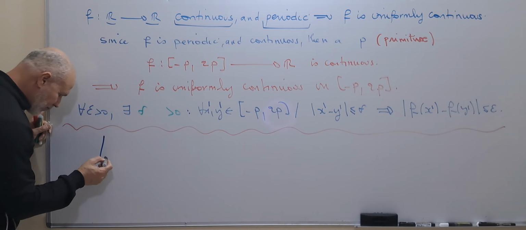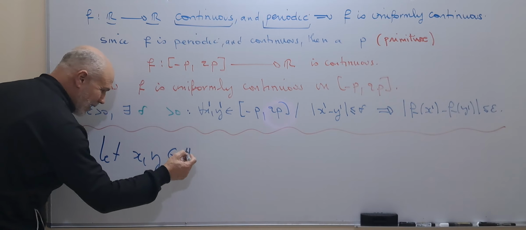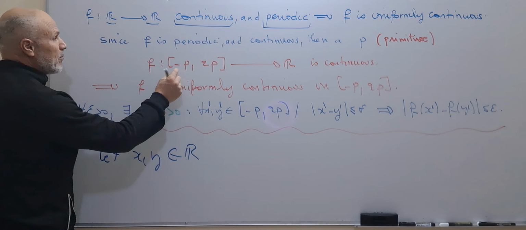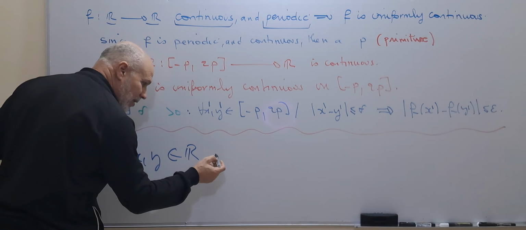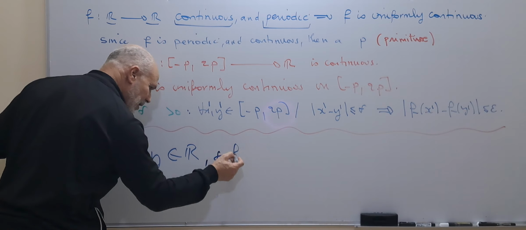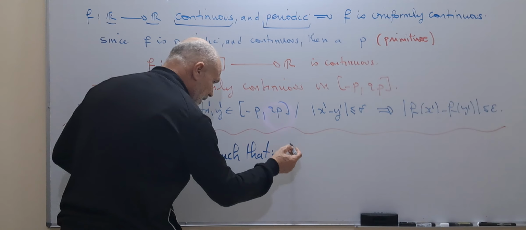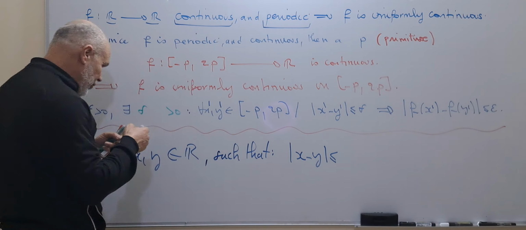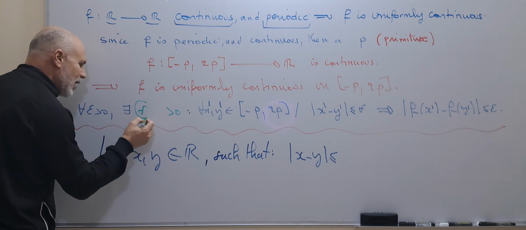Let x and y be any given numbers from R, not only from minus p to p, such that |x minus y| is less than or equal to this delta.